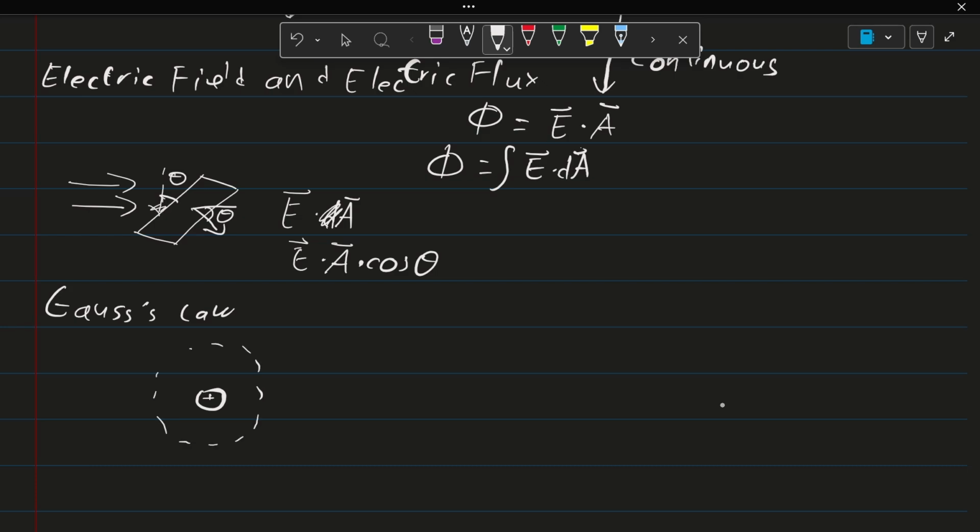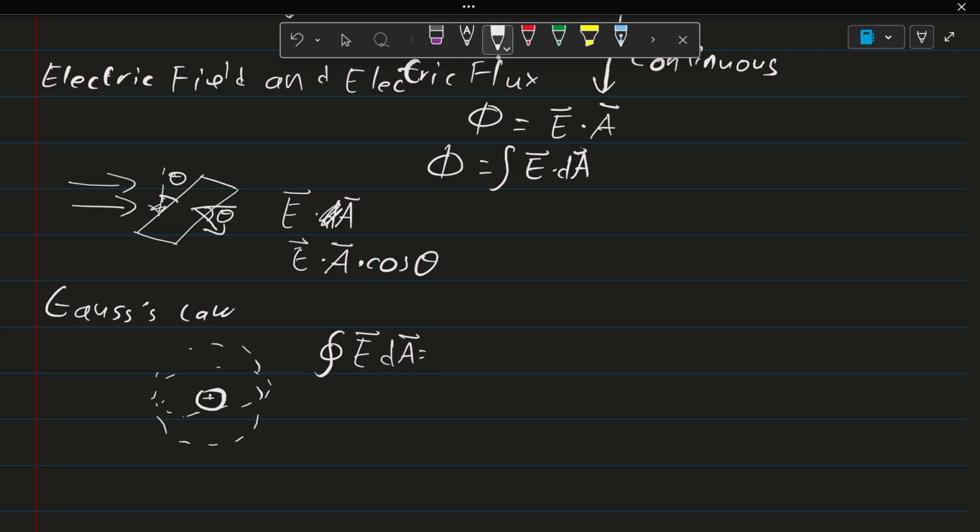We could try to compute its electric flux on the surface, which is a closed surface. I will create a surface which is ball-like, pretty much a sphere encapsulating this entire particle. So if you try to compute its electric flux, it would be the integral. No, sorry.